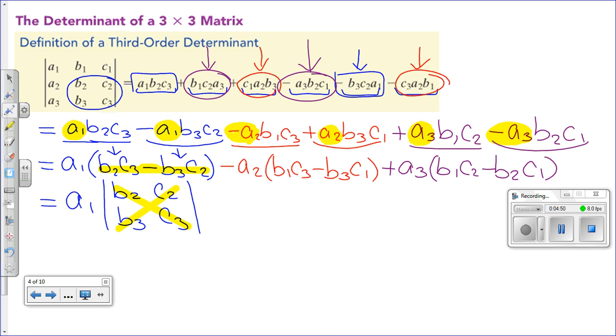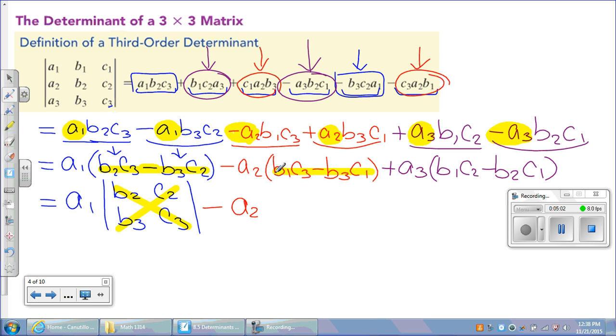In a similar way, we could say that the product that we see here represents the determinant of order 2, or a 2 by 2 determinant, from here.